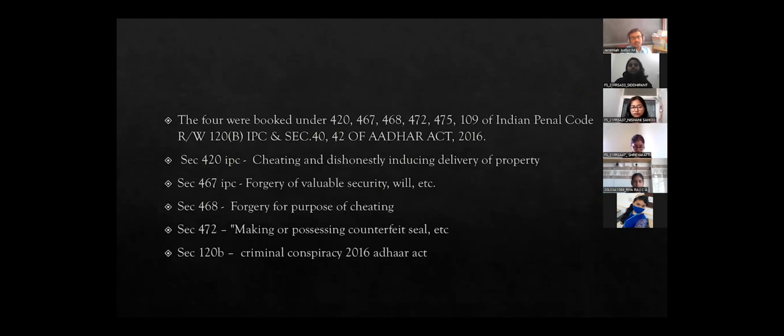In general, there is not any punishment given under the IPC which particularly talks about fingerprint alteration. But the four which we heard about in the Kuwait case were booked under various sections of the IPC, which were section 420, cheating and dishonestly inducing delivery of property, section 467, forgery, section 468, forgery for purpose of cheating, section 472, making or possessing counterfeit seal, and section 120B of criminal conspiracy, and section 2016 Aadhaar Act.